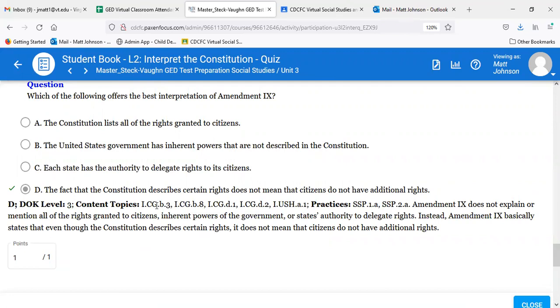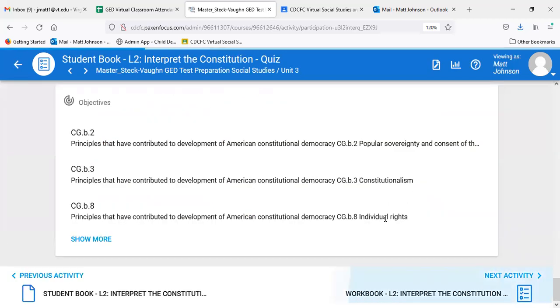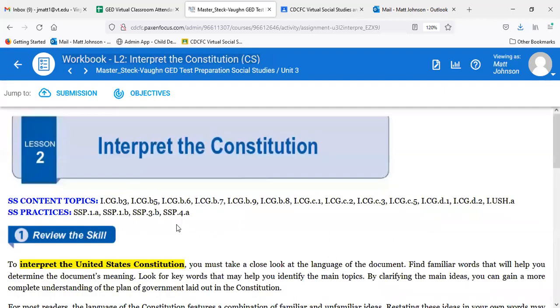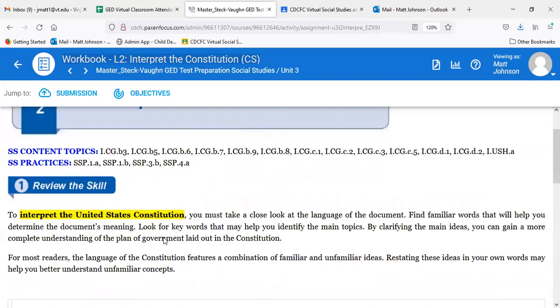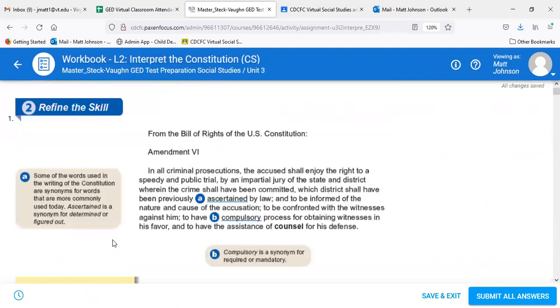All right. I'm going to slide over here to our workbook now. Okay. We'll open up the workbook. Okay, and again here from the Bill of Rights of the U.S. Constitution. So it says here, Amendment 6.